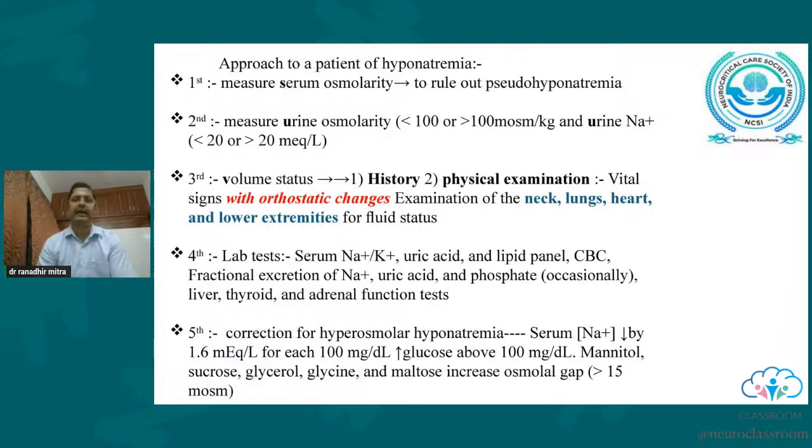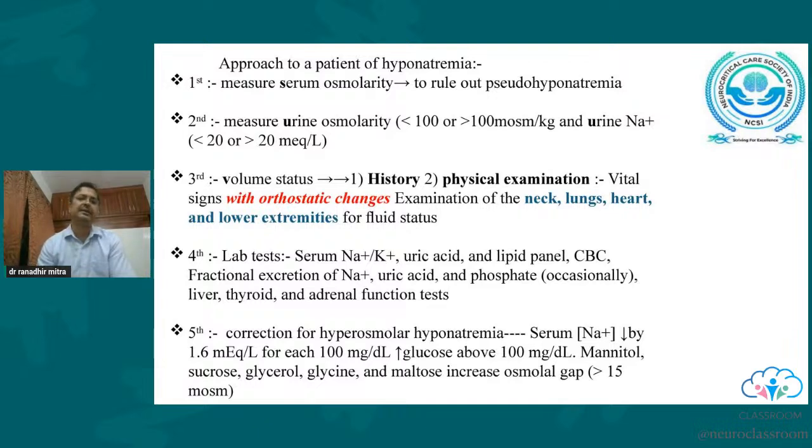So if the triglycerides or the proteins are raised, you will think of pseudohyponatremia. After looking at osmolarity, it will be either normal osmolarity, hypoosmolar, or it can also be hyperosmolar. In hyperosmolar cases, normally there are urea, mannitol, dextran, glycine, and glucose.